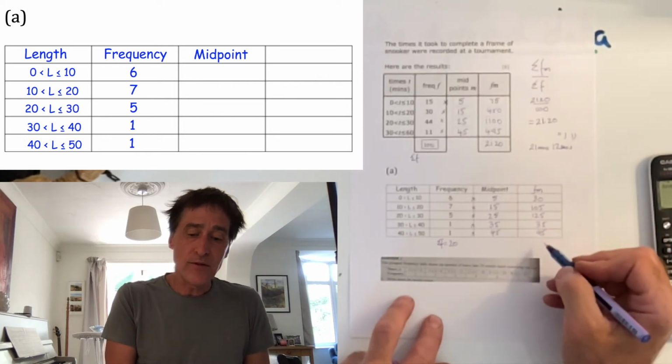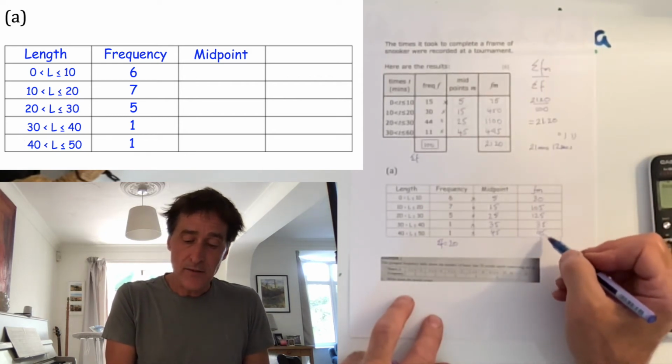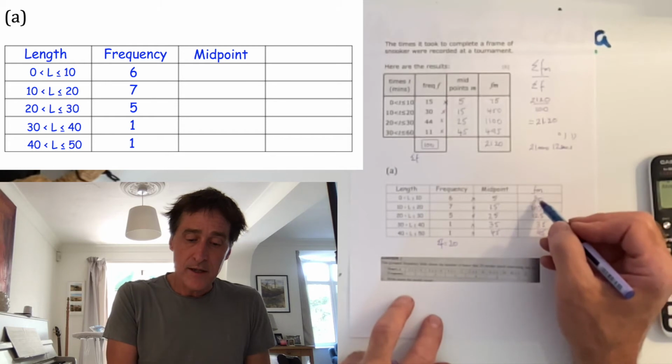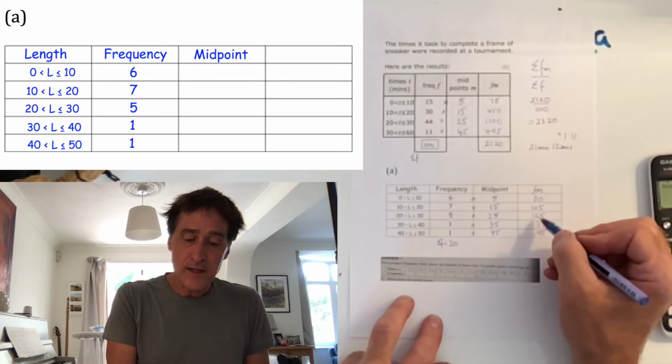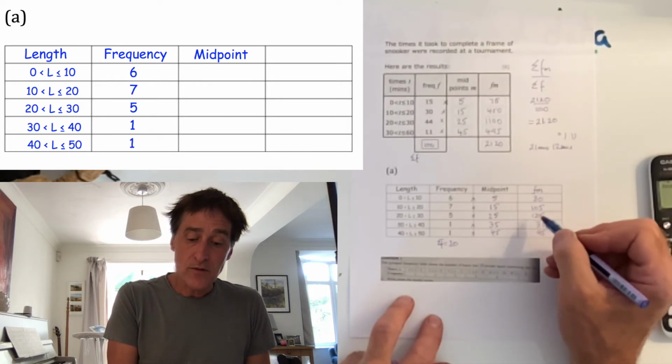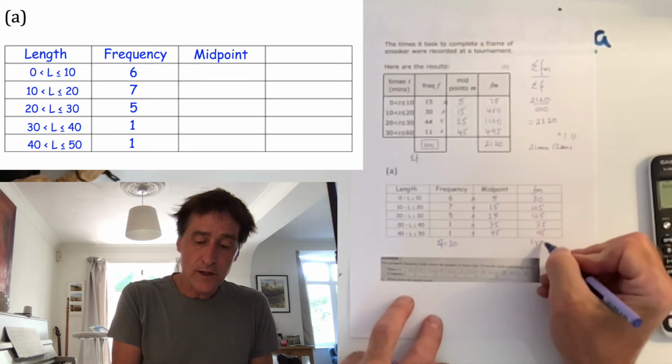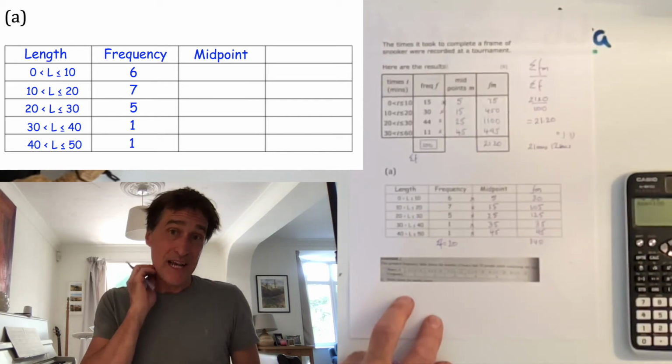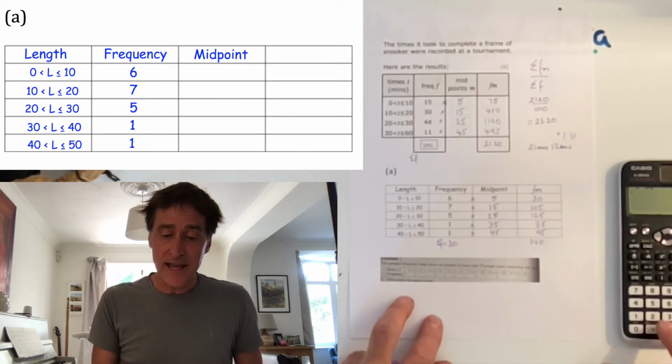Now what I want to do is add this up together. I can see I've got 10, 20, 50, 70, 100, 140, 240, 340.